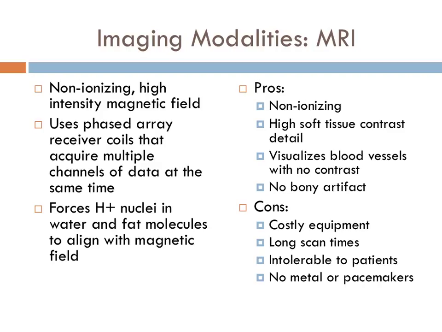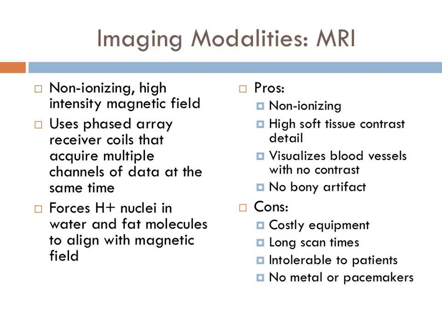MRI uses phased array receiver coils that acquire multiple channels of data at the same time. One of the most important things to know about MRI is that it utilizes hydrogen atoms in the body. The hydrogen atoms are very important in that the MRI forces the atoms of fat and water molecules to align with a magnetic field when the radio frequency pulse is turned on.